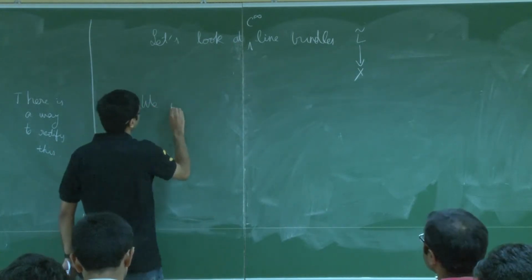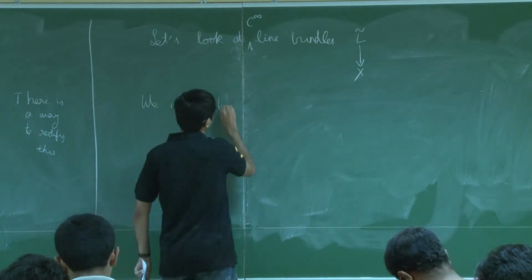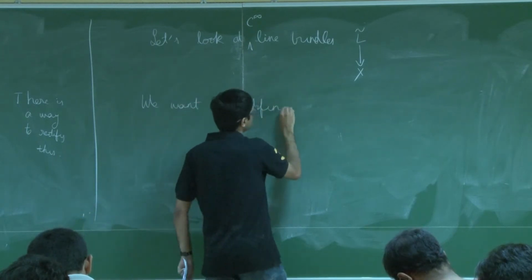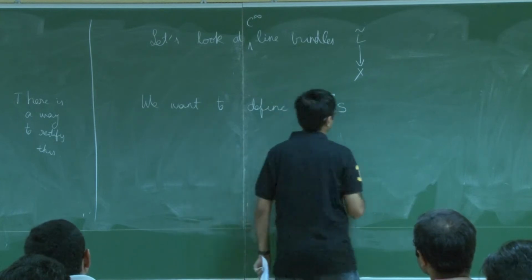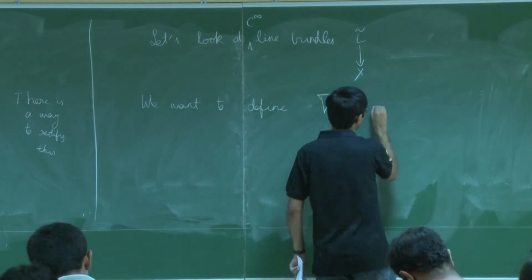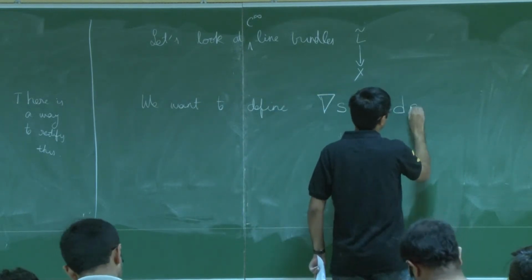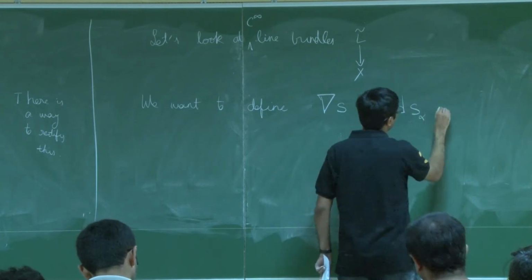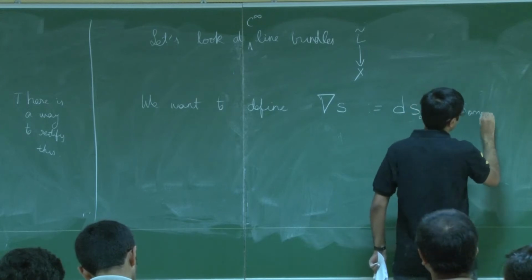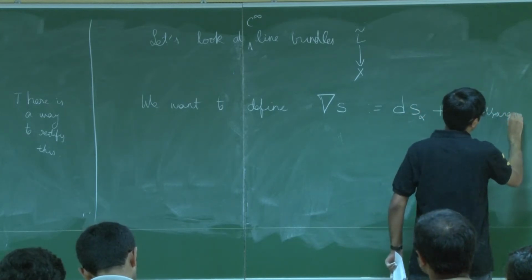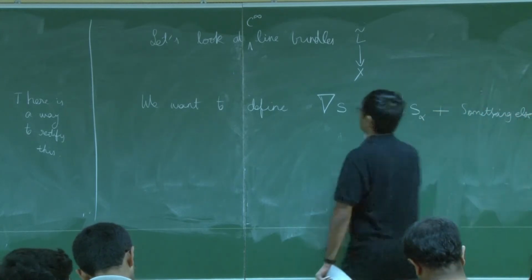The aim is to define a quantity like this, which is locally this, but this is not good enough, plus something else.